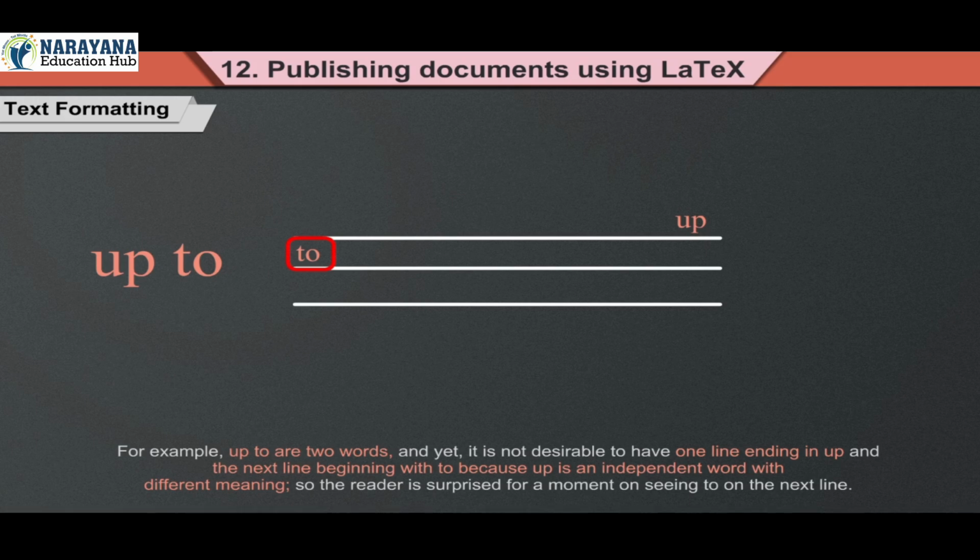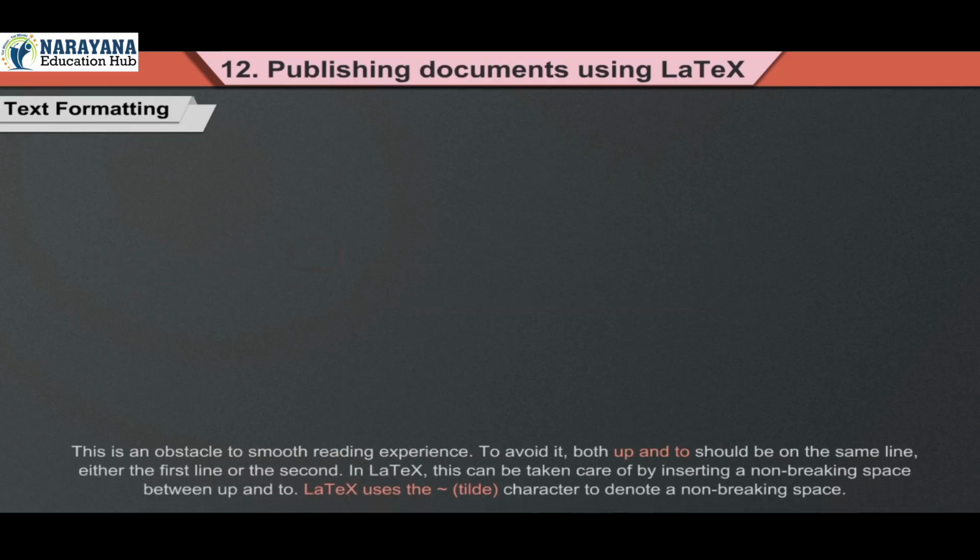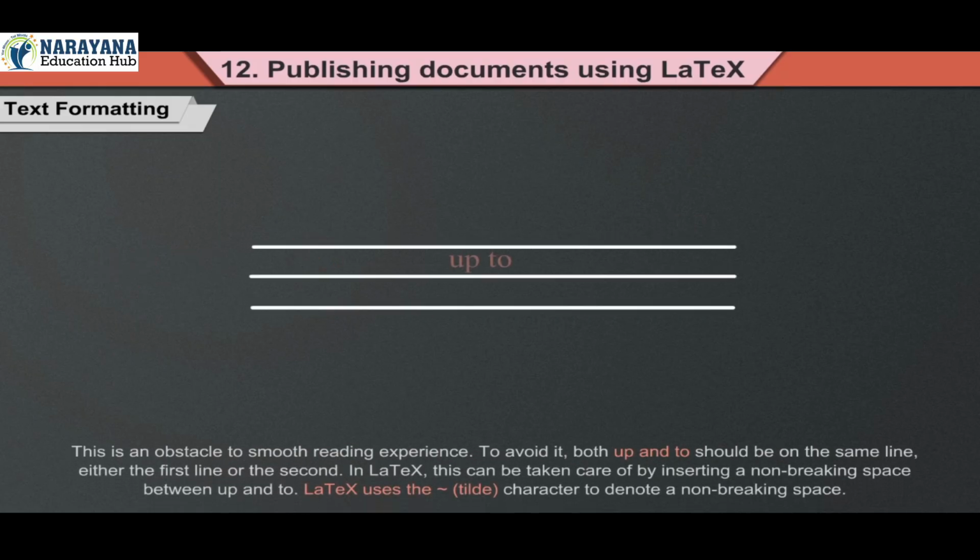So, the reader is surprised for a moment on seeing to on the next line. This is an obstacle to smooth reading experience. To avoid it, both up and to should be on the same line, either the first line or the second. In LaTeX, this can be taken care of by inserting a non-breaking space between up and to. LaTeX uses the tilde character to denote a non-breaking space.